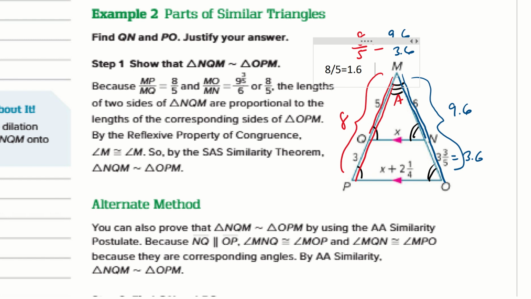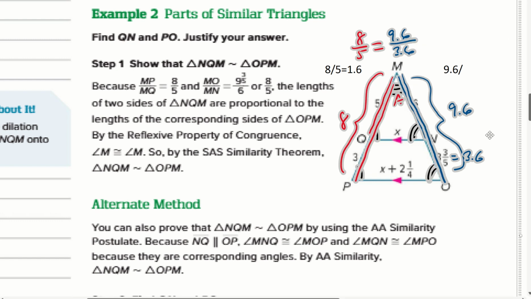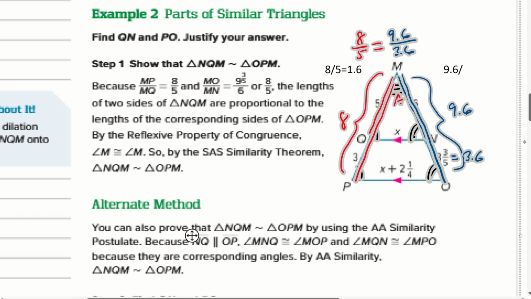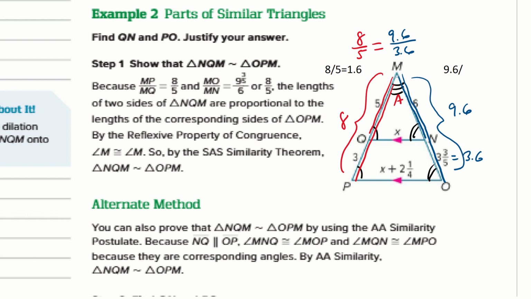Now let's compare that with 9.6 divided by 3.6. Oh, I put 3.6, not 6. It should be 6, okay? 9.6 matches up with 6 here, so it should say 6, not 3.6. Sorry about that.